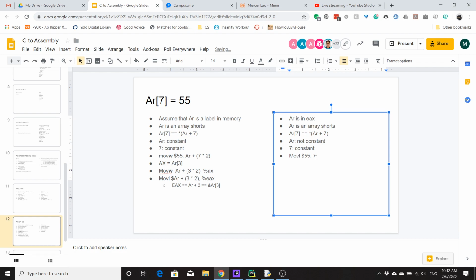So you want 7 parentheses. You want to do AR? So comma, comma. So comma, then AR.